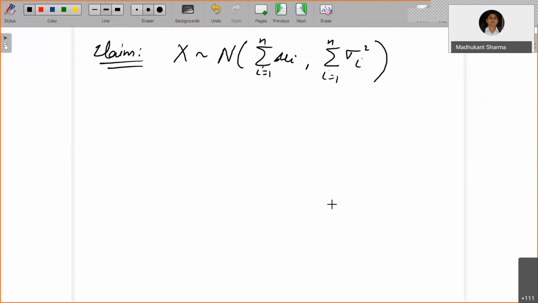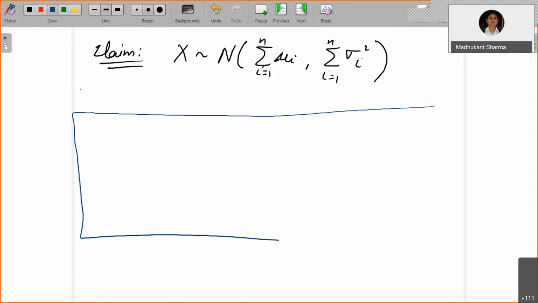Now to prove this claim, we are going to take the help of the moment generating function for a normal random variable.